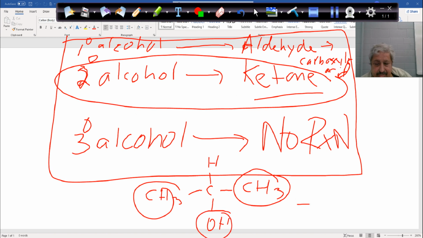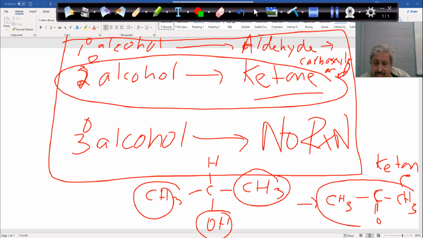What happens here, you make out of this one CH3COCH3. That's a ketone. The common name of this is acetone. And the real name, the IUPAC name, this is a secondary alcohol, correct? 1, 2, 3, propanol, 2-propanol.